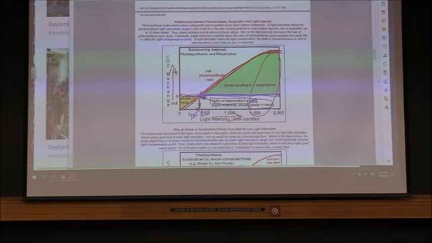Now, what's going to happen if we drop the light intensity below the light compensation point? What is your nutrition compensation point? What is your fat, starch, and protein compensation point?